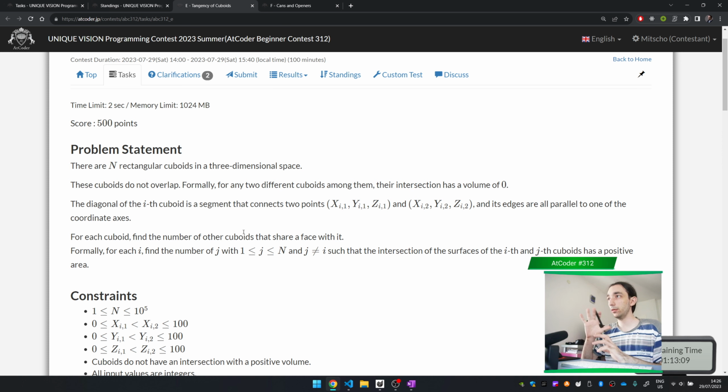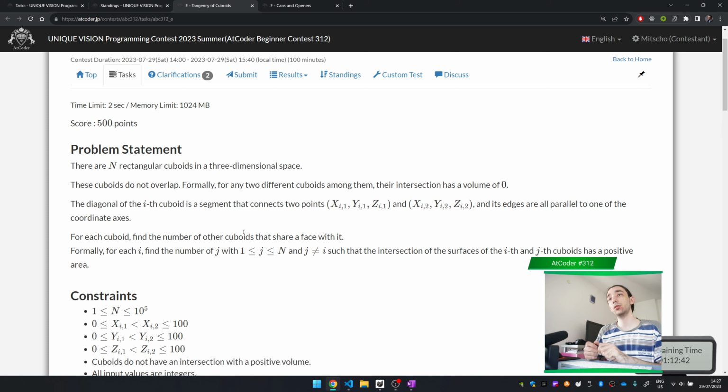Do we have to generate all of the faces and then see the intersections? That would be too much work, right? You generate all of the 6 faces and see the intersections, but how would you find an intersection of these faces quickly? That's an issue as well, right?